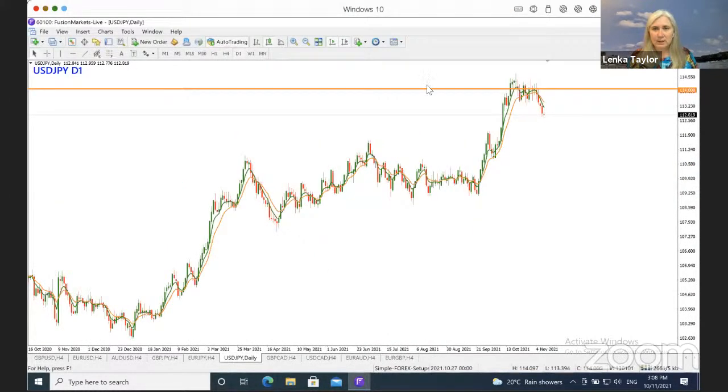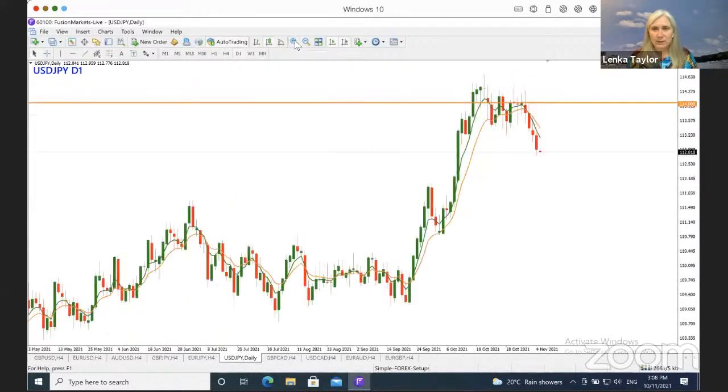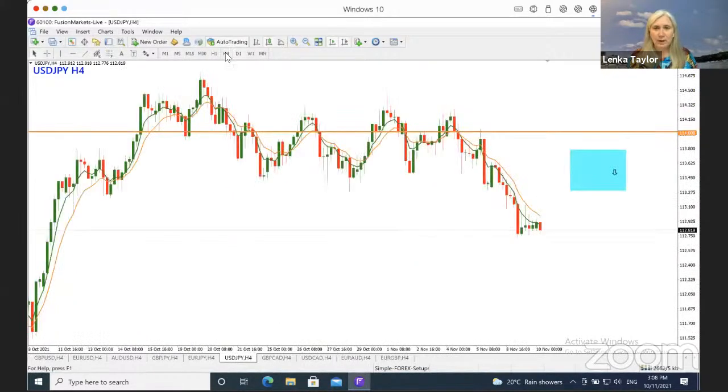The weekly and the daily already indicate that there is some movement down. So on the 4-hourly, I'm going to look for a pullback to around the bottoms there. If there is a pullback to this area, then I'm going to look for an opportunity to go short, just around that entry zone.